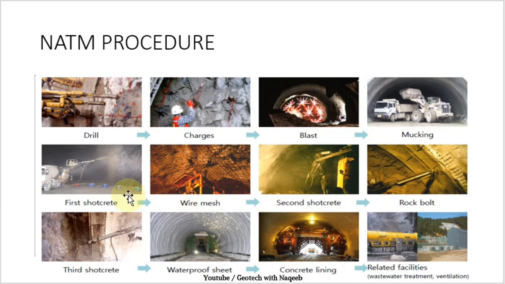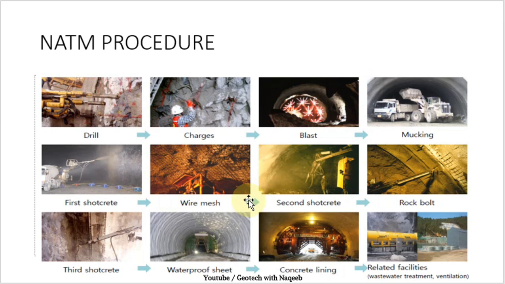Then the first shotcrete is applied for the temporary support. These are the steps in which the NATM procedure is completed. I'll not be explaining too much regarding this; you can read this topic on your own. A little introduction regarding NATM has been explained just to give you the know-how of the NATM method.